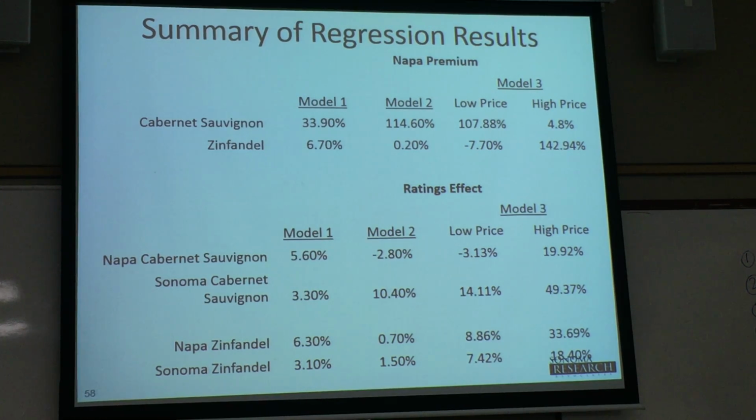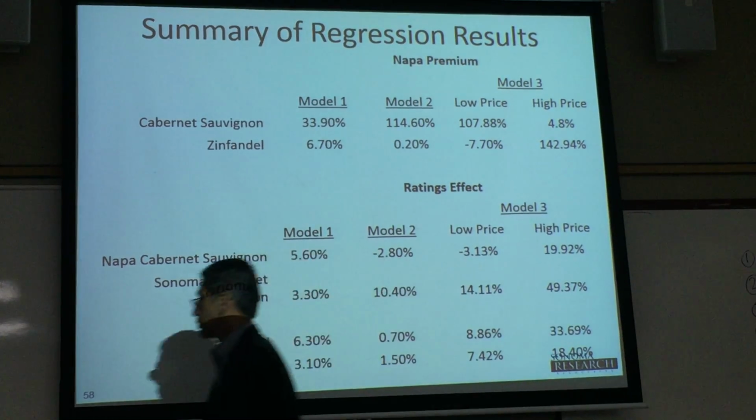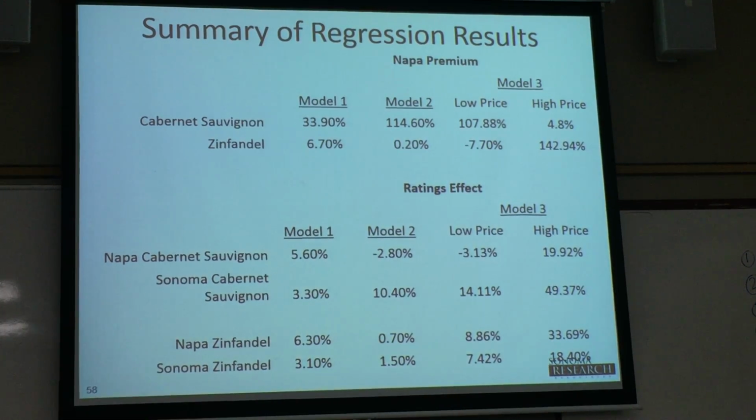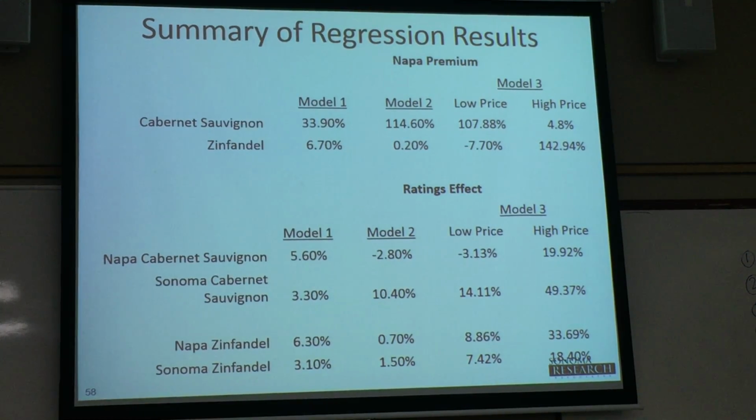So instead of putting 85 in my regression, I put 91. And what happens to that Napa premium for cab? It virtually disappears. 4%, fairly small. Which means that these two curves are essentially going to converge, and they do converge.